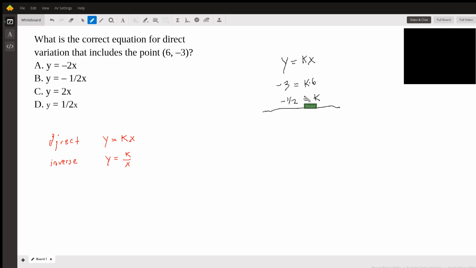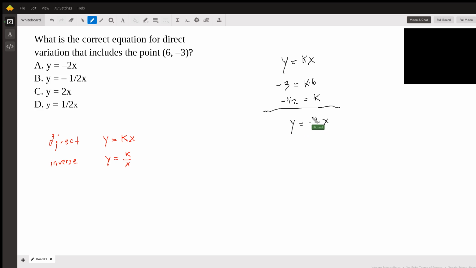So there's a lot of vocabulary here. Personally, I think vocabulary is a good thing because it helps you remember. So now we can say that y is equal to -1/2 x. And now we can make predictions about y given a value of x, but they're not asking us to do that.